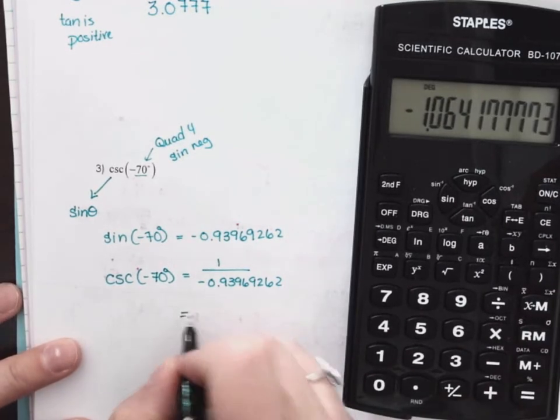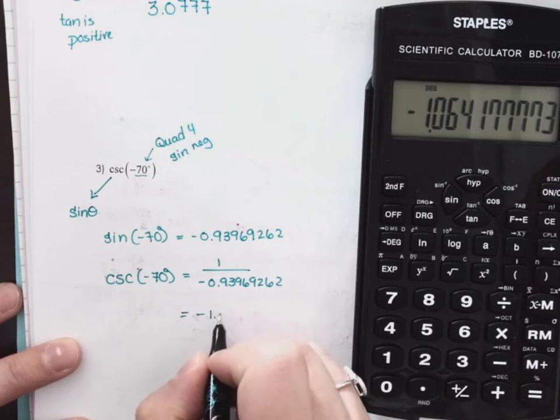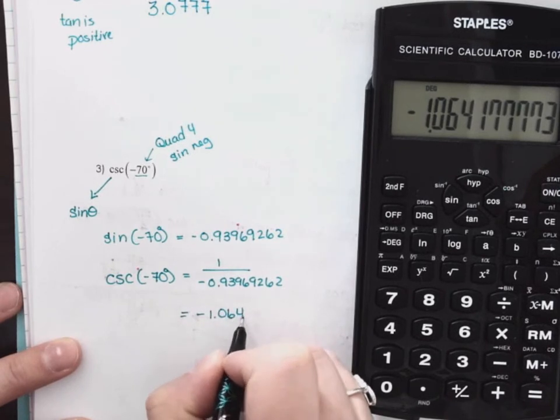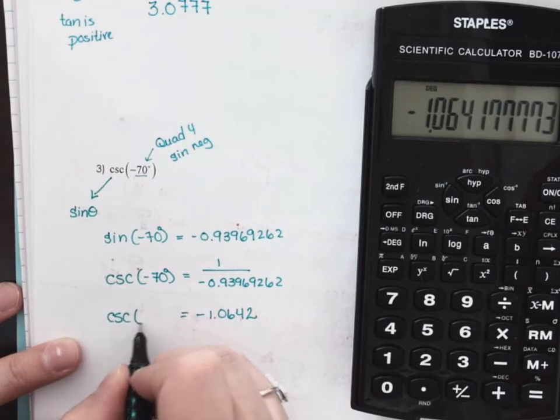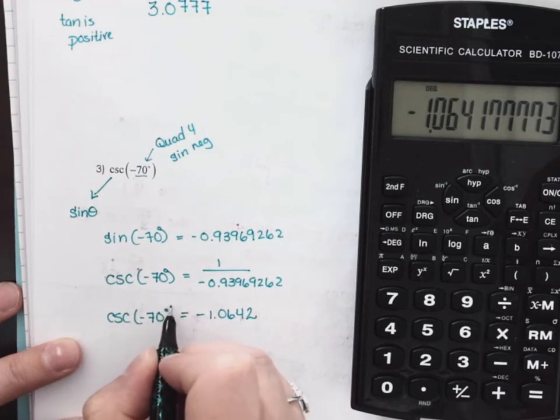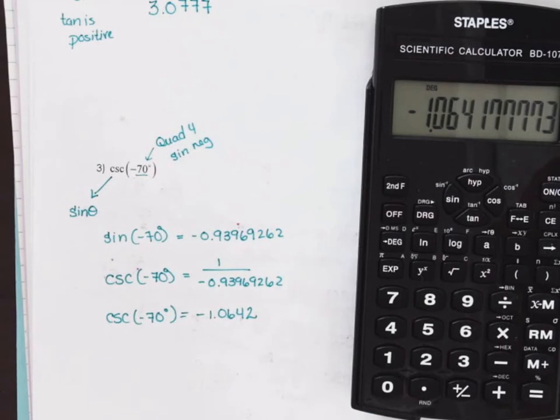That's going to give me negative 1.0642. So here's the deal, ladies and gentlemen, I hope that you guys remember it: you do not round until your final answer. You must use all decimal places until your final answer. If you round early, you're going to get a wrong answer, or a truncated answer, or a rounding error.